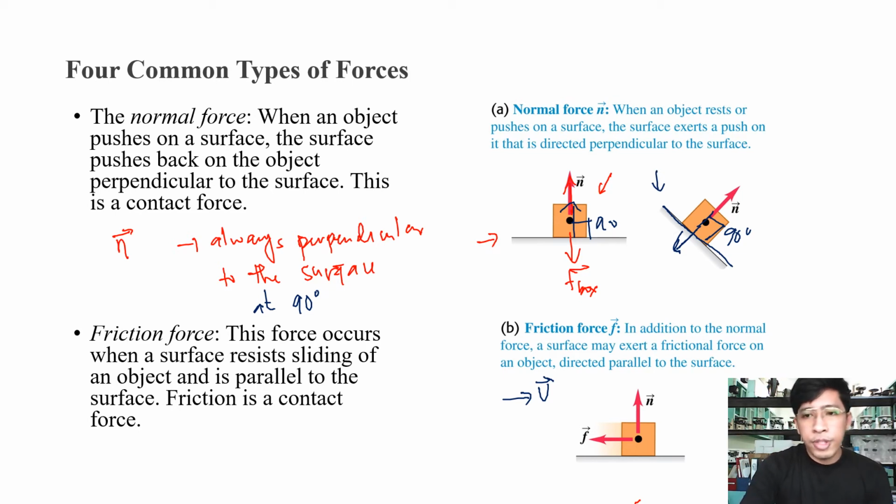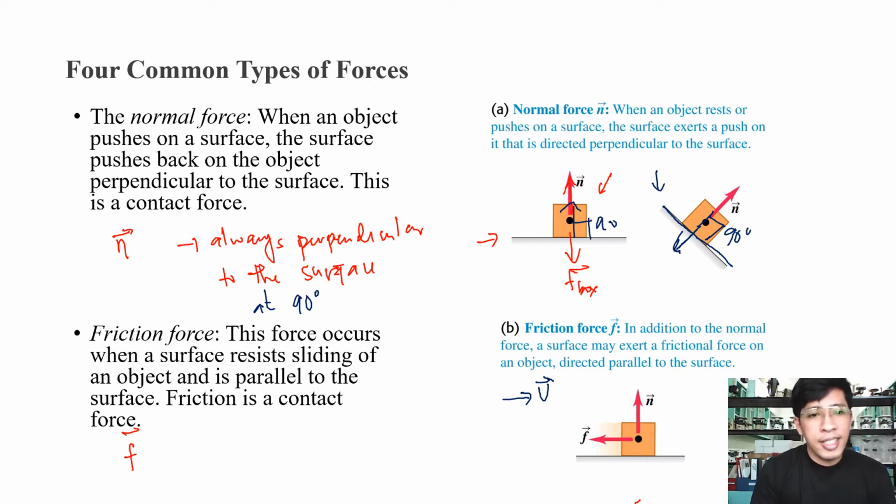as you have perhaps observed before, there is something that resists this motion of the box, especially when your surface is rough. This force that resists the motion of the block, or which resists the sliding of an object, is what you call your friction force. We usually denote your friction force with an F symbol, an F with an arrow above.